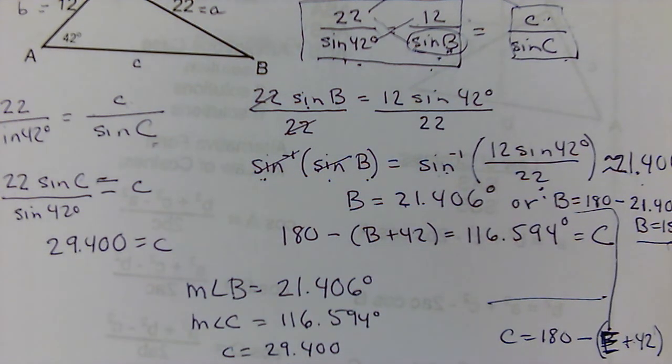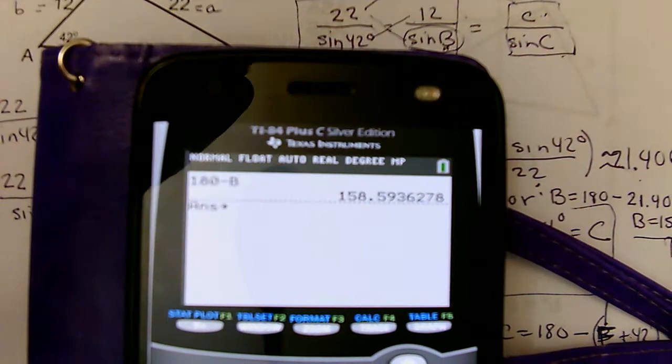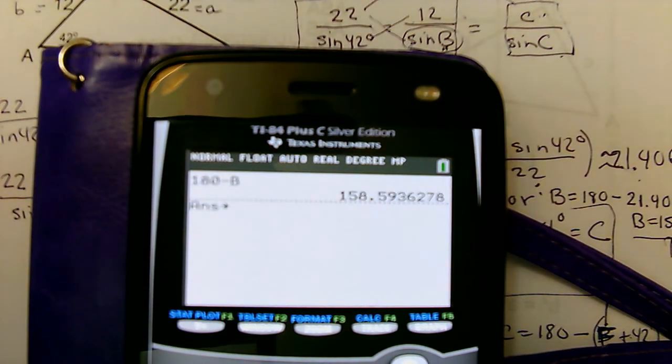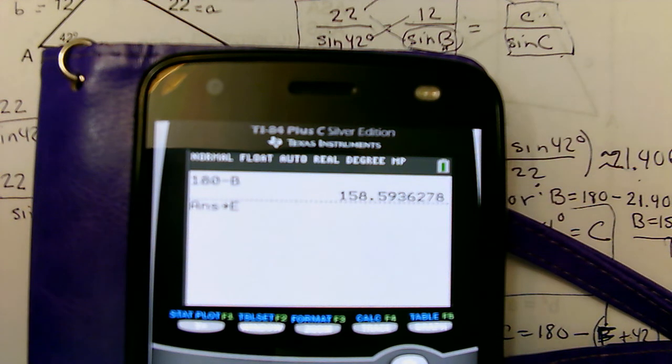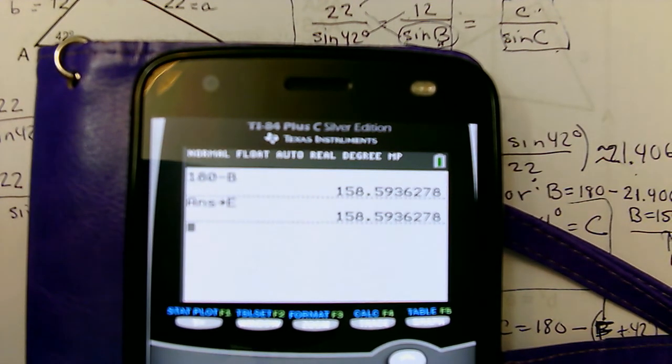Well, if you take that 158, first I'm going to store that 158 angle into E. I like E because it's right below B, so that reminds me it's an answer for B. And then I'm going to do 180 minus angle E plus 42.